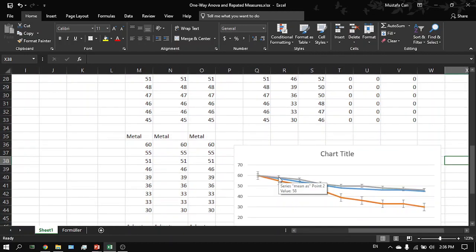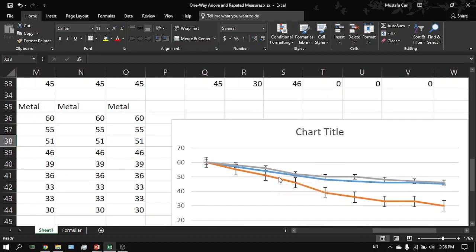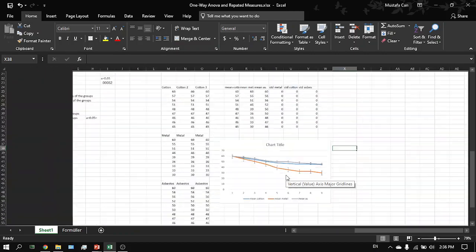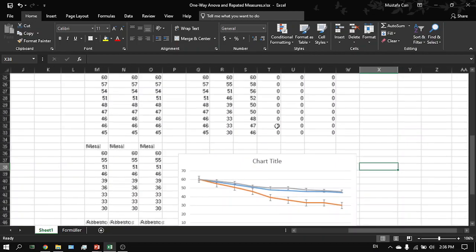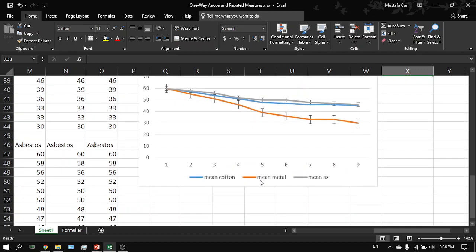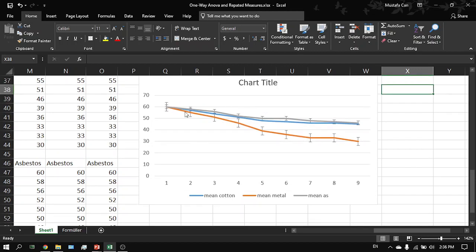I didn't put them yet, and since they're zero, there would be a significant difference. But I don't want to confuse you. I want to explain why the error bars are put in like this. The use of error bars is that if they overlap for one series, like for metal, asbestos and cotton, we have an overlap here, so we know that there is no significant difference.